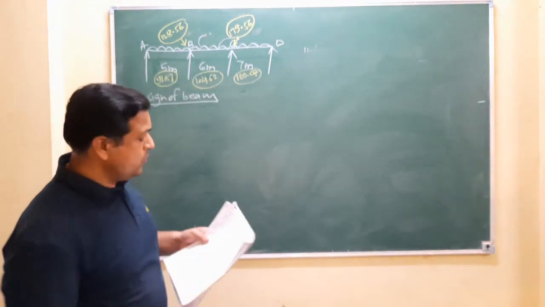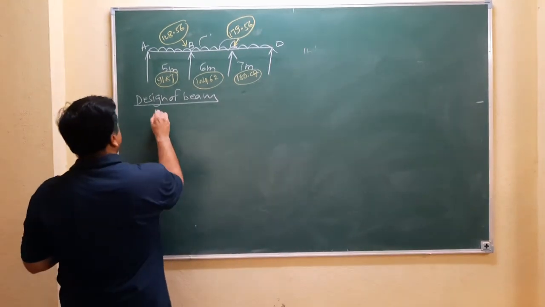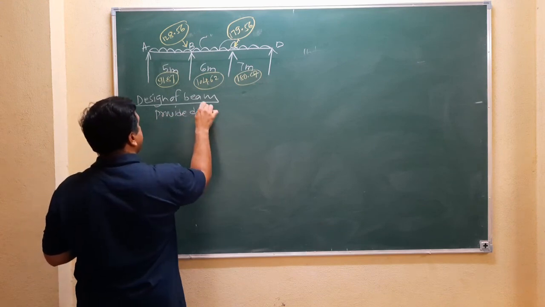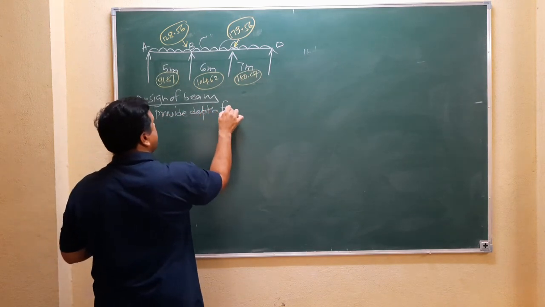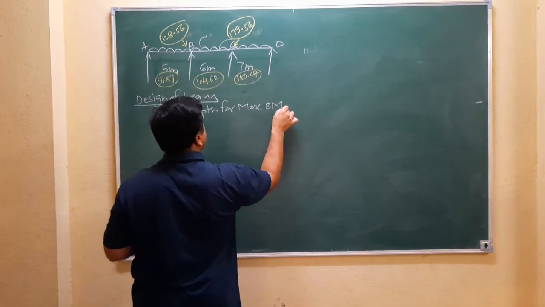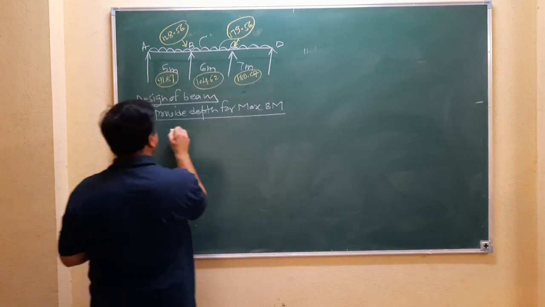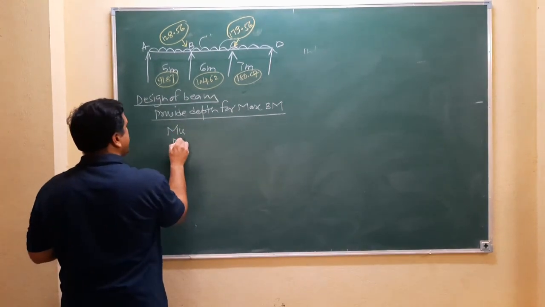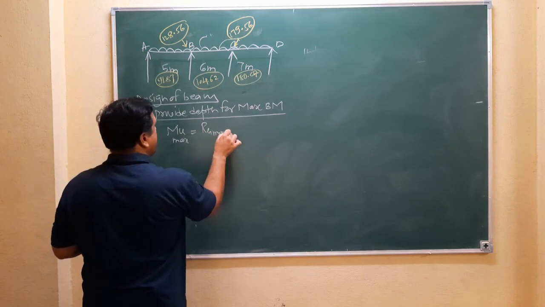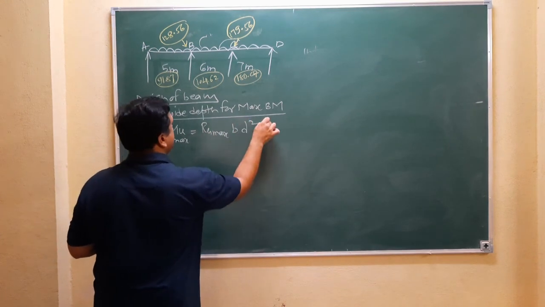So first provide the depth for maximum bending moment. You know that Mu max is equal to Ru max B D square.